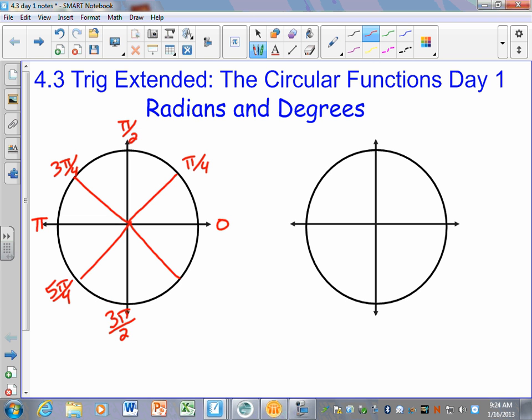And what's the next one going to be? 5 pi fourths, 6 pi fourths, 7 pi fourths. And what do you get when you go all the way back around? Is that the same as 8 pi fourths?